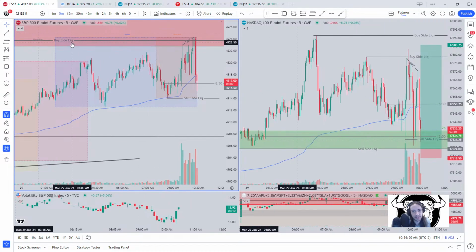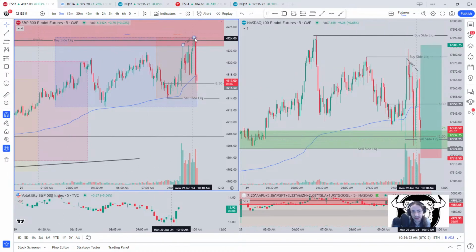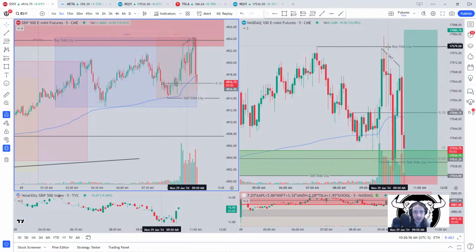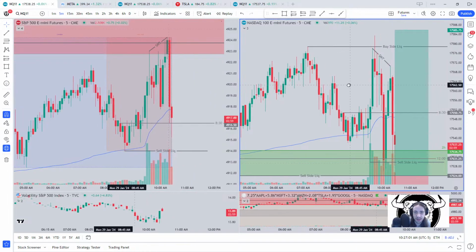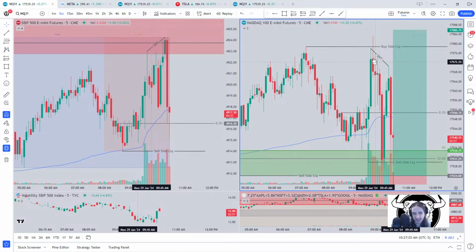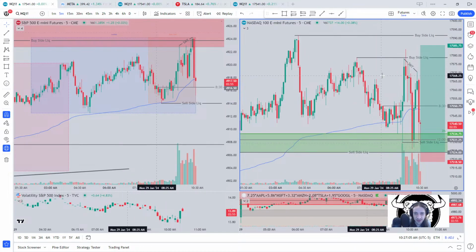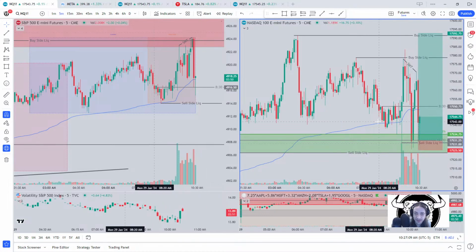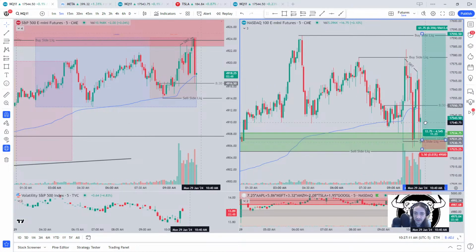That buy side liquidity we got on ES is two confirmations. And again, NASDAQ had already rejected its buy side liquidity at this point, creating a lower high. And I guess the 5-minute supply, but I don't like 5-minute supply, so I would not mark that as a second confirmation. Now we're holding this demand zone again. Really good stuff. Not in any trades right now.